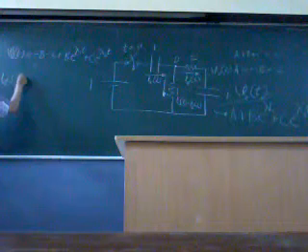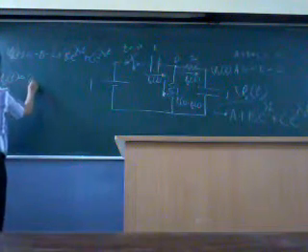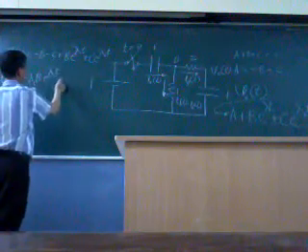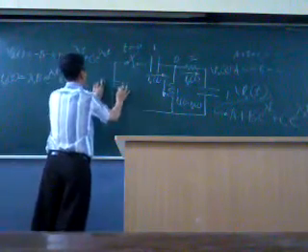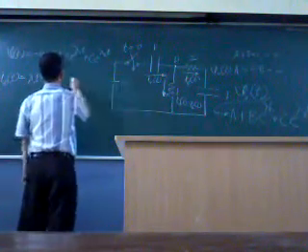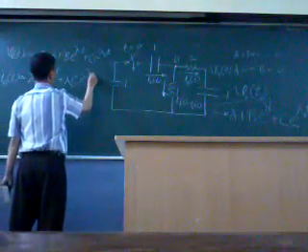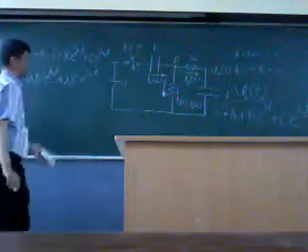I2(t) would be equal to lambda 1 B e raised to lambda 1 t plus lambda 2 C e raised to lambda 2 t. This is I2(t).